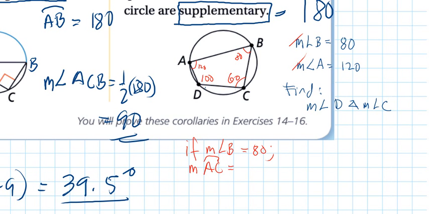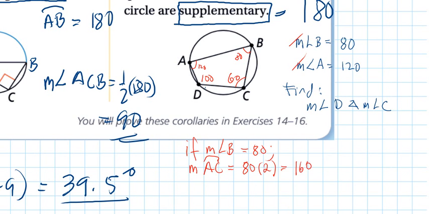Is equal to what? It's 40. Why 40? Okay, I'll give you the answer. The answer is going to be the measurement of 80 multiplied by 2, which is equal to 160.